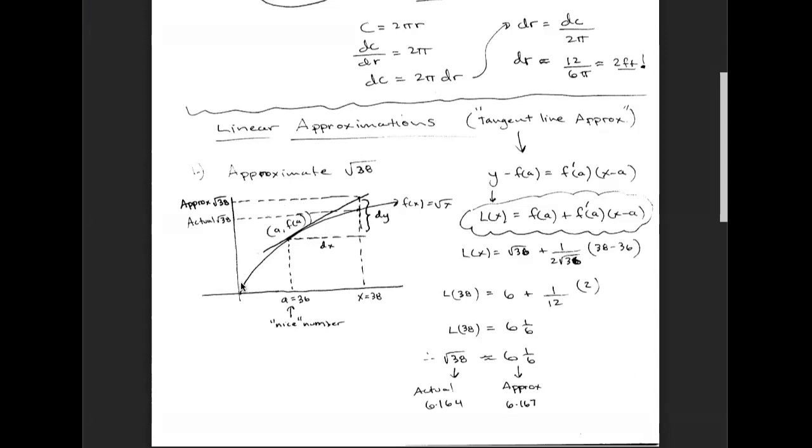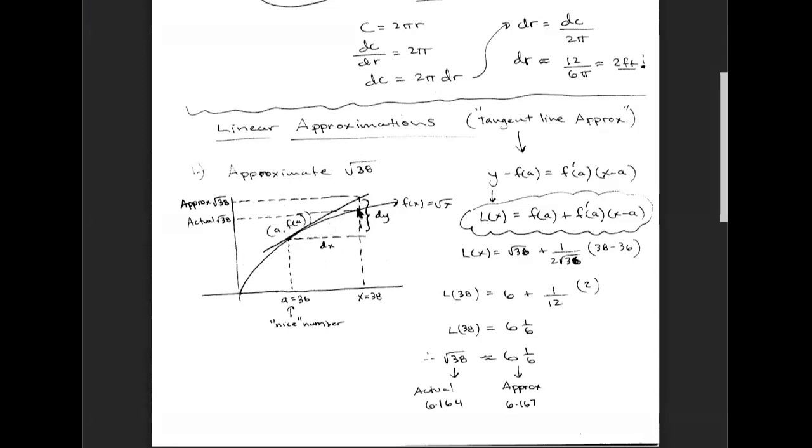And here's the square root function, as usual. And here's the tangent line at the point a, f of a, which is 36, 6. And the difference in the x's is your dx thing, it's 2. And then here's what we're looking at. The dy is the approximation of the difference in the y values when you plug in 38.